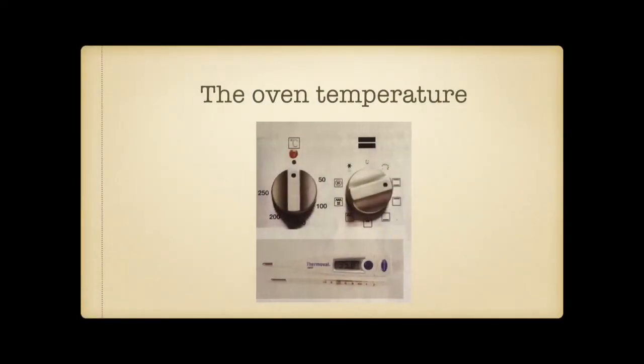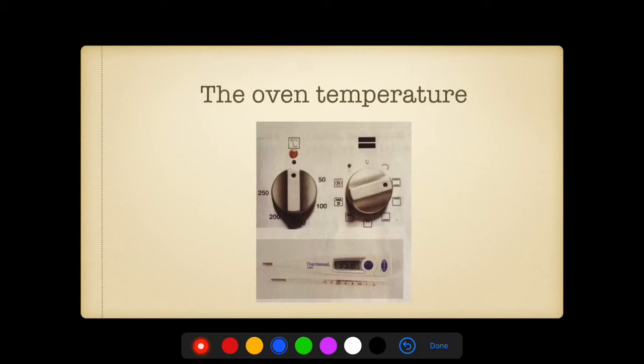Right, before we get to the oven temperature, just for your interest, human temperature is between 37 and 37,4 degrees centigrade. Right, let's just have a look at the oven temperatures. So, on the left here, you will have the temperature dial.